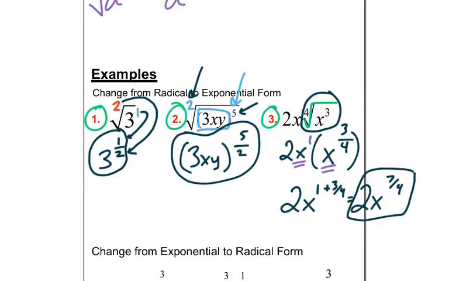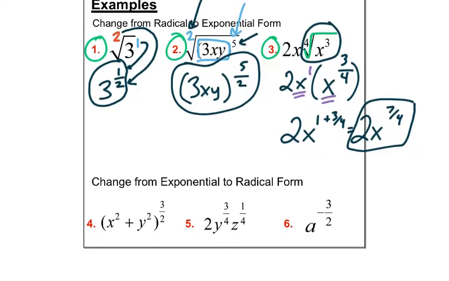All right, so we use a couple little skills there at once. But just important, how do you switch from radical to exponential? That's cool. Let's go backwards then. How can I go from number 4, which is in exponential, back into radical form? Let's try. All right, remember, your eyes should always go to the denominators because that's the type of radical. So I know it's going to be some kind of square root.